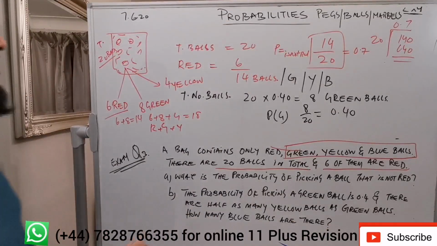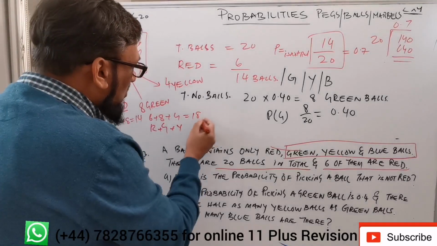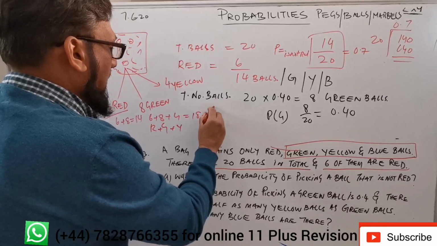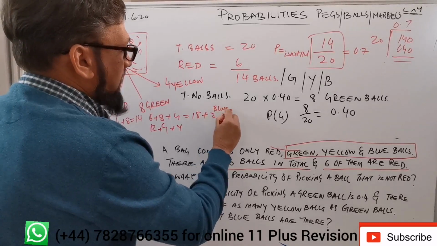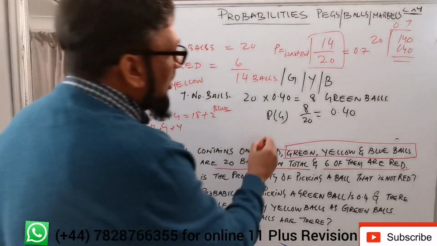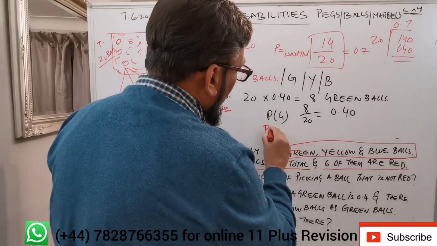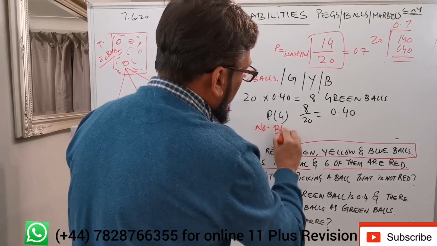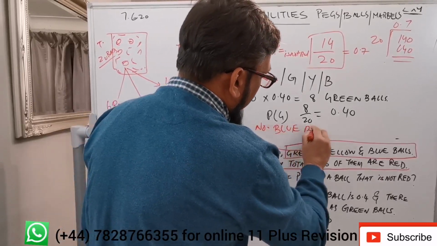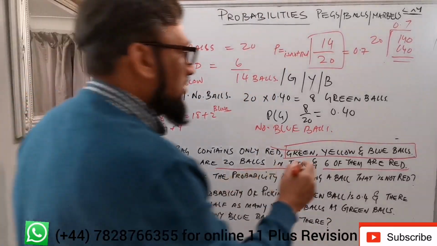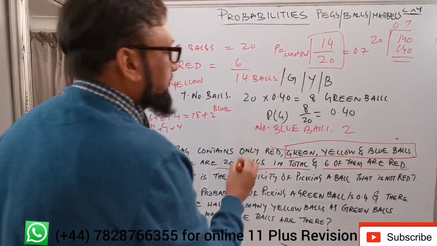So how many blue are there? Definitely the blue will be 2. So 18 plus 2 will be blue. So the answer for the number of blue balls is 2.